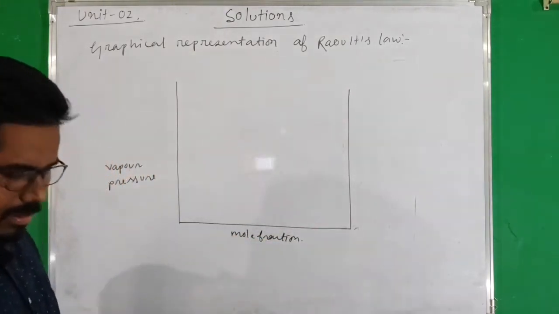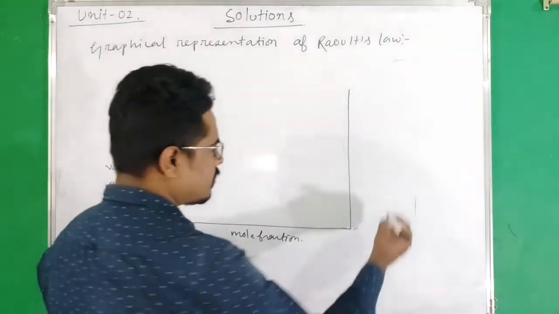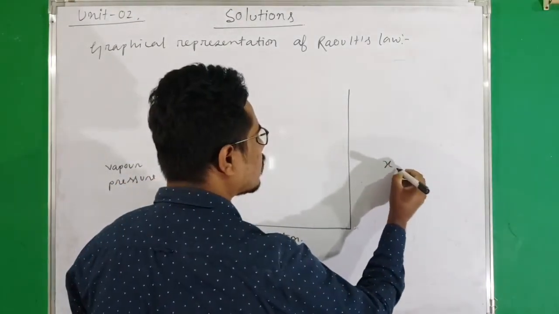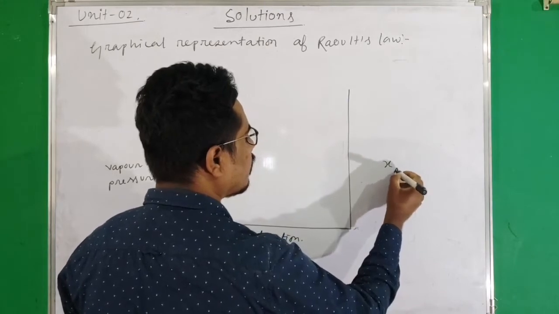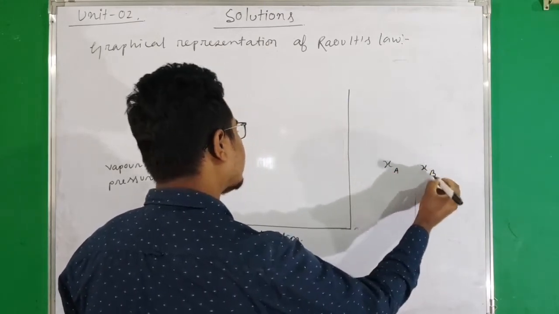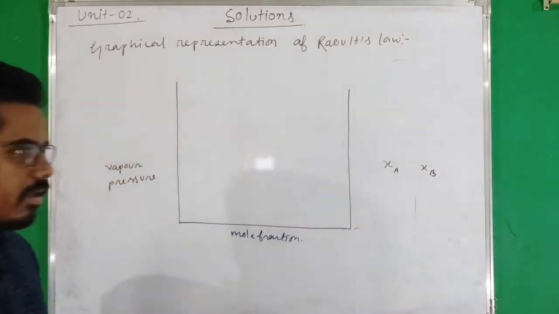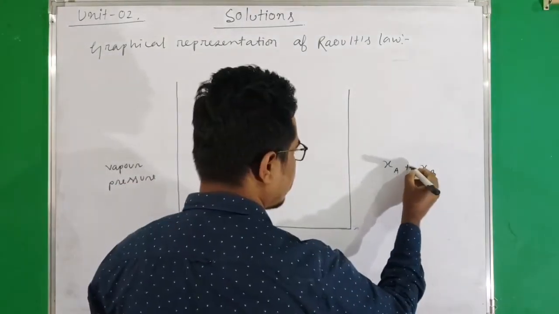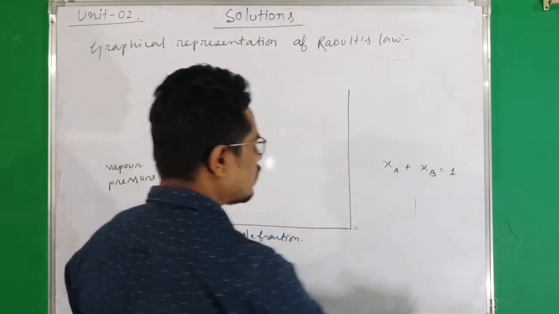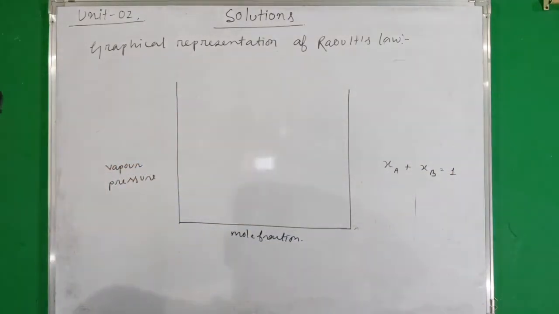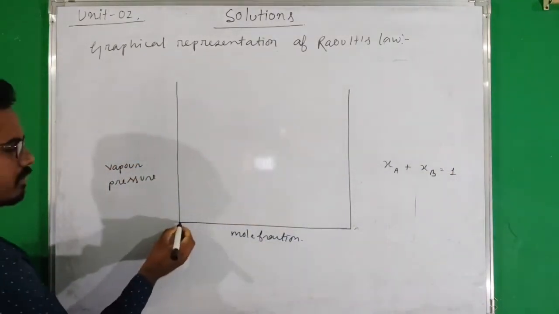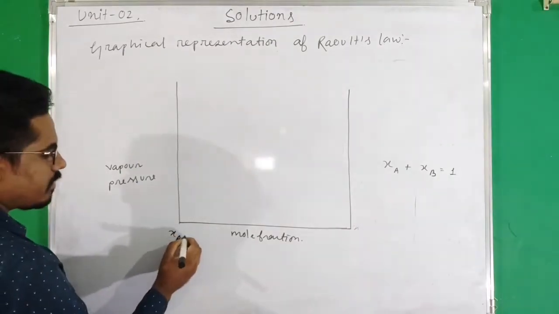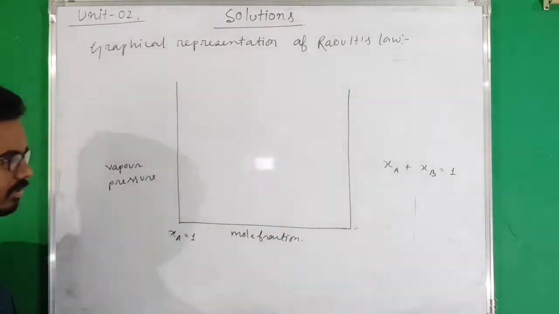Okay, and in the solution we have considered there are two components A and B, and their mole fractions are XA and XB, and we already know that when mole fractions are added, the result is always 1. Okay, suppose at this particular point the mole fraction of A is 1.